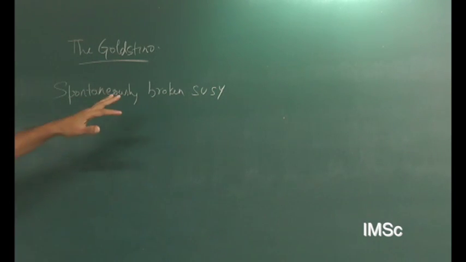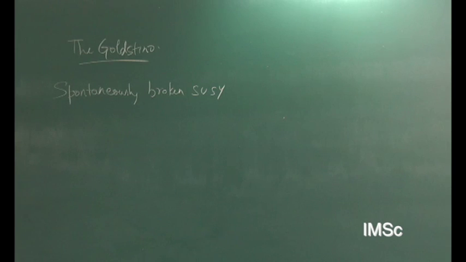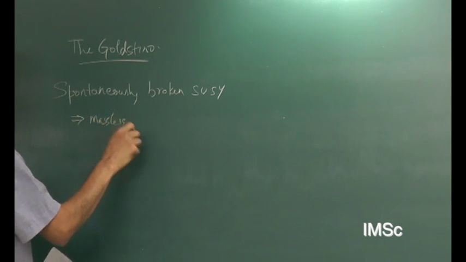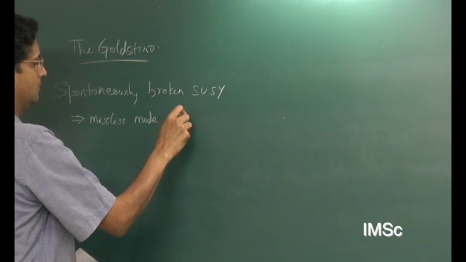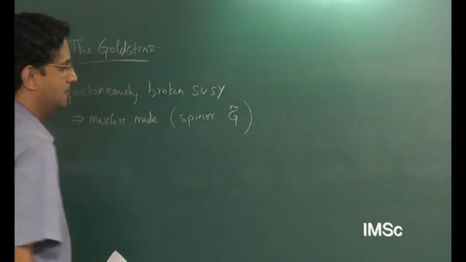So whenever a global symmetry is broken spontaneously, there is a massless field, a Goldstone. In the case of the standard model, we call it the Goldstone boson because it's a boson. But in the case of supersymmetry, because the generator is a spinor, the massless mode is a spinor.